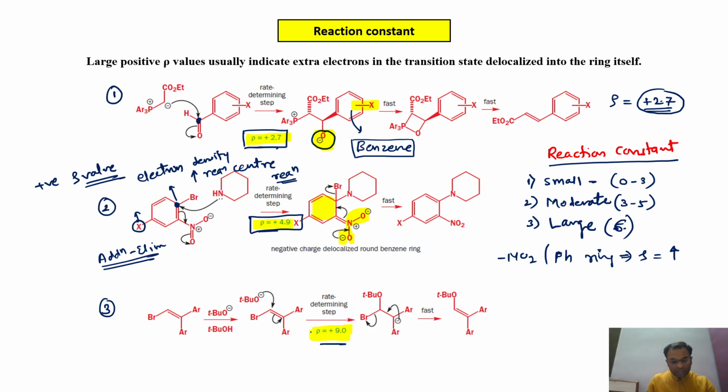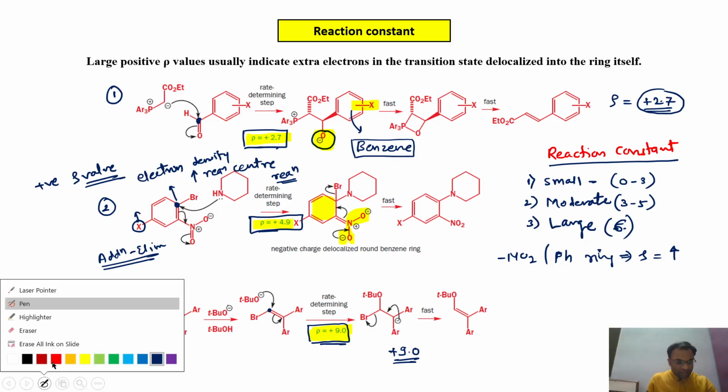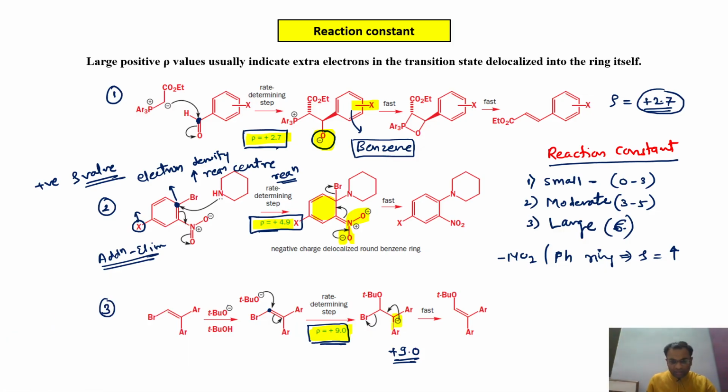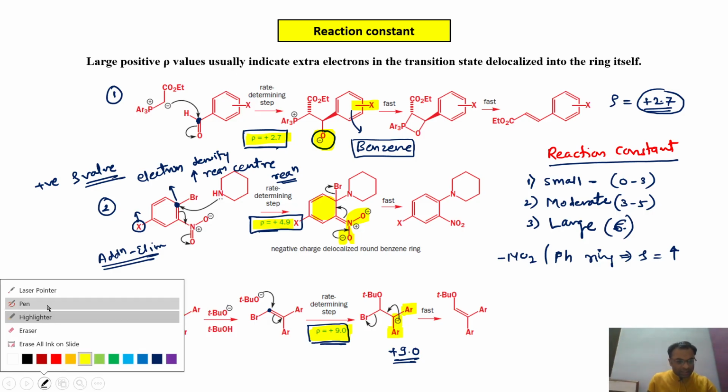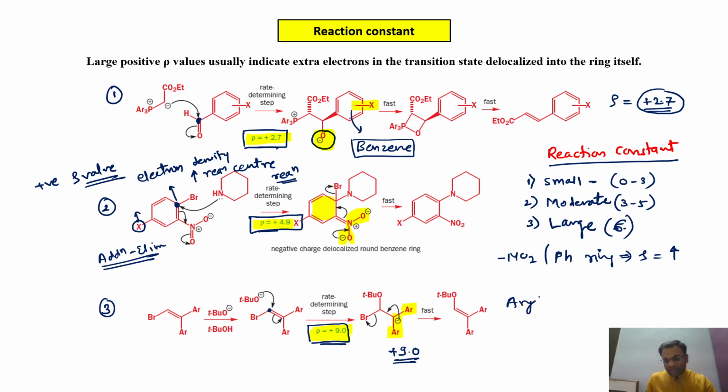And if we consider the third reaction, where we have a very large rho value, that is plus 9.0. This is because in this reaction the butoxide anion attacks a vinyl carbon, and the corresponding carbanion is greatly stabilized by this aryl system.